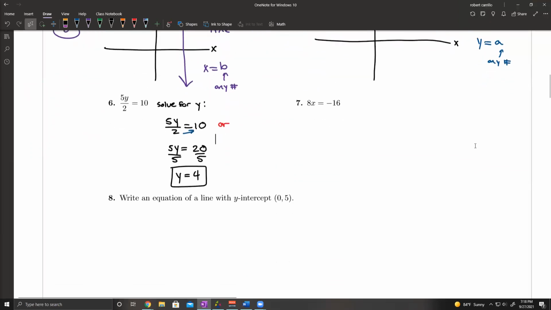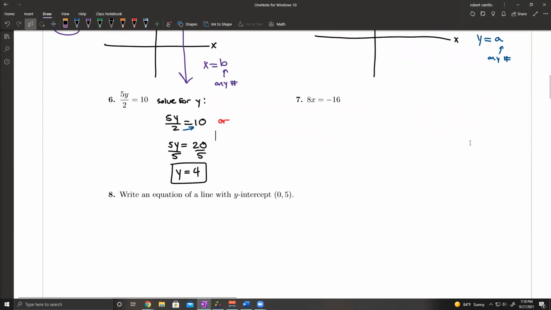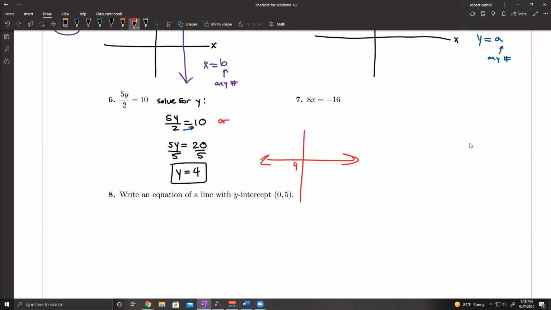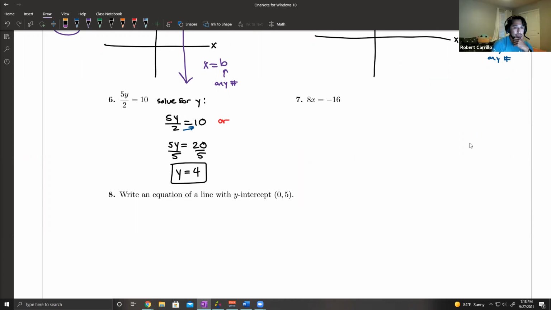Oh, okay, I get what you're saying. So we would be able to graph it. Exactly. You would just draw a horizontal line at 4 on the graph, if we had to graph it. Okay. So actually, let me state that this is a horizontal line.